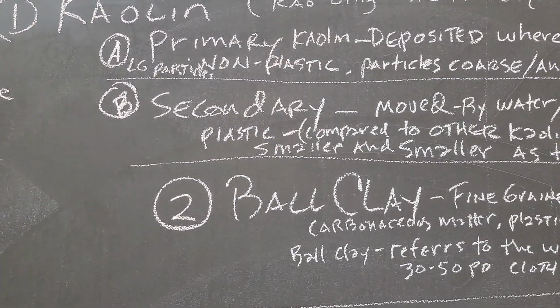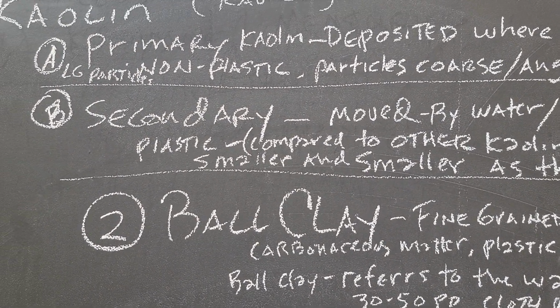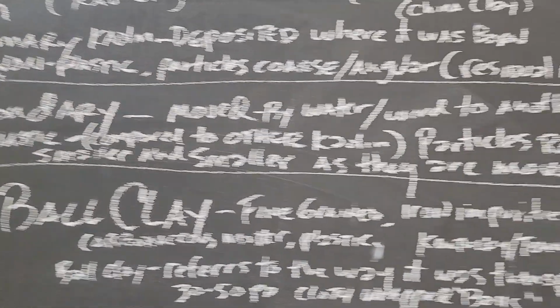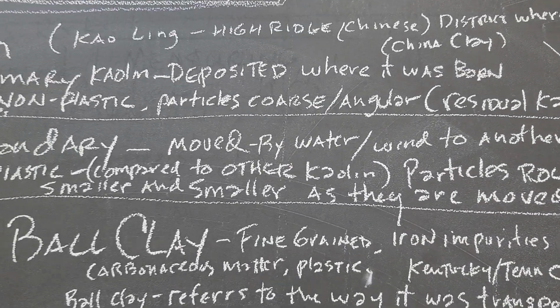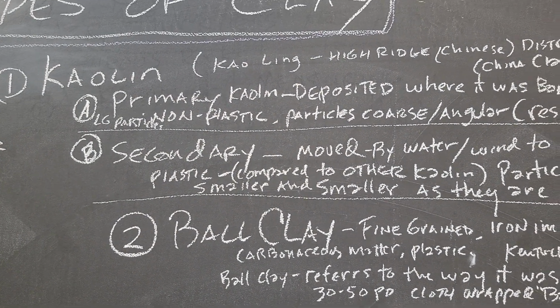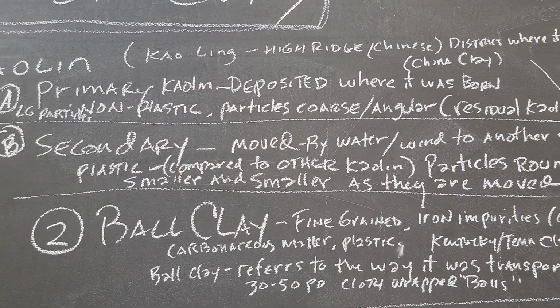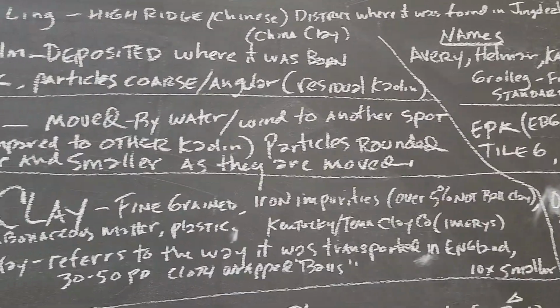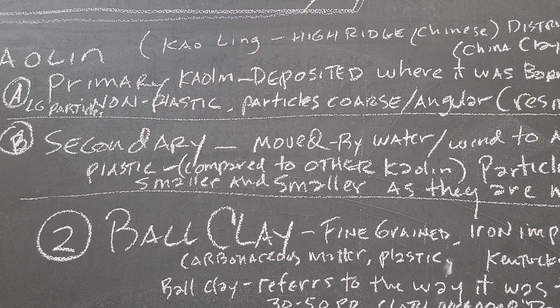And it's plastic compared to other kaolin. So, Edgar plastic kaolin is EPK. EPK is Edgar plastic kaolin, but it's not really plastic compared to ball clays. It's plastic compared to primary kaolins. And the particles are rounded, and they get smaller and smaller as they're moved.